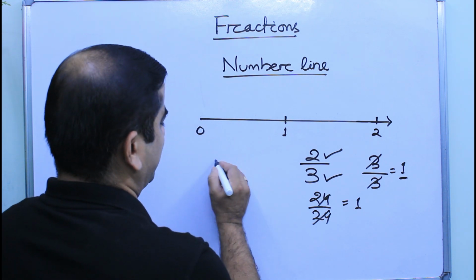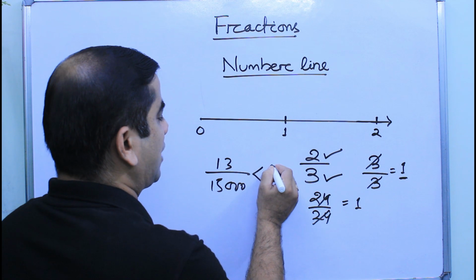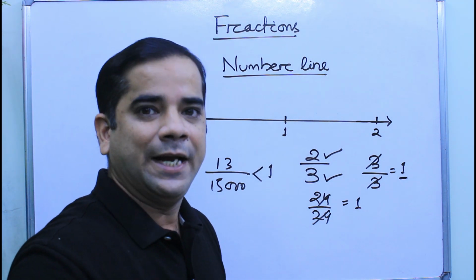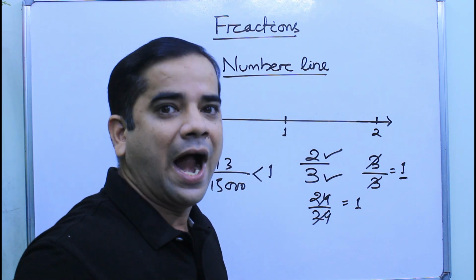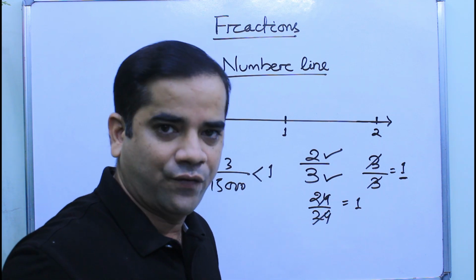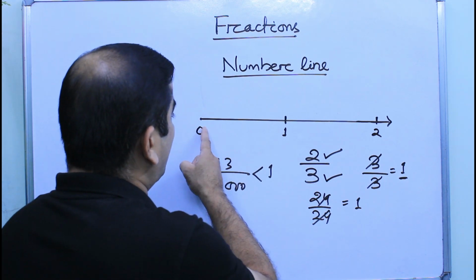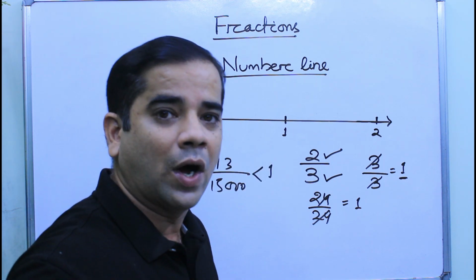For example, 13 divided by 15,000 is also less than 1 because this is also a proper fraction. It means every proper fraction, just note it down and remember it for your life, lies between 0 and 1 because it is always less than 1.